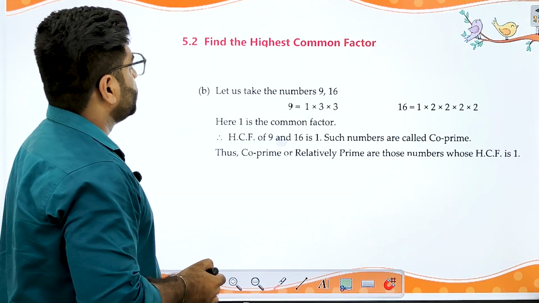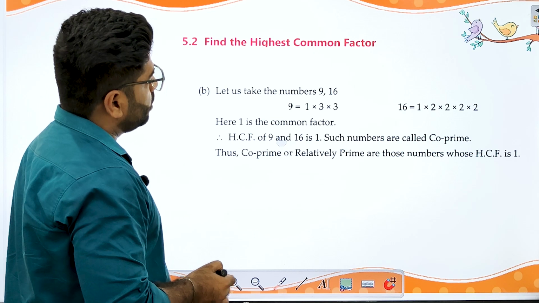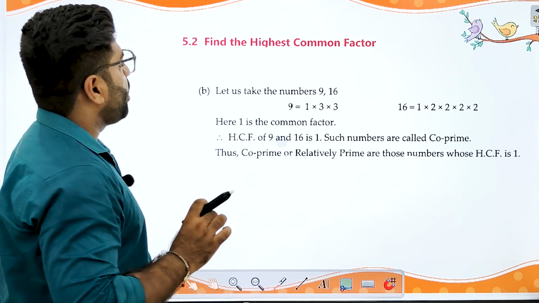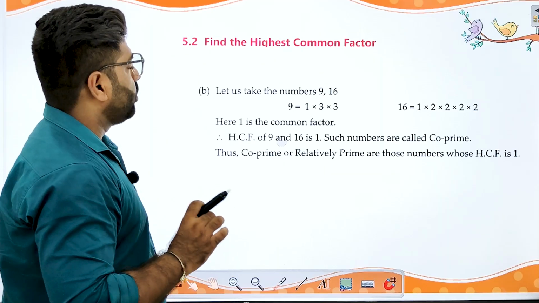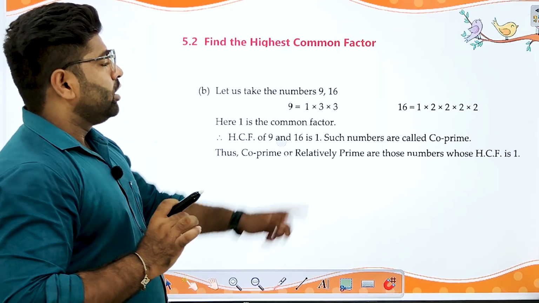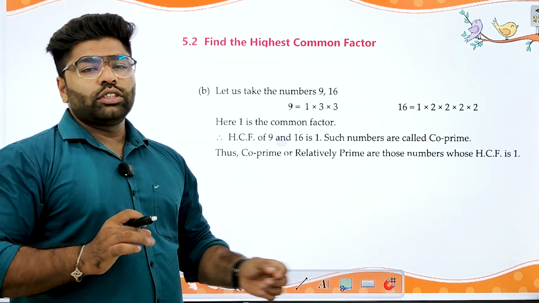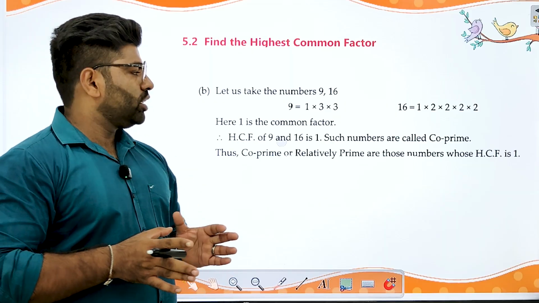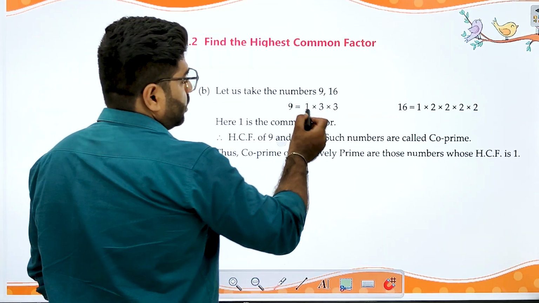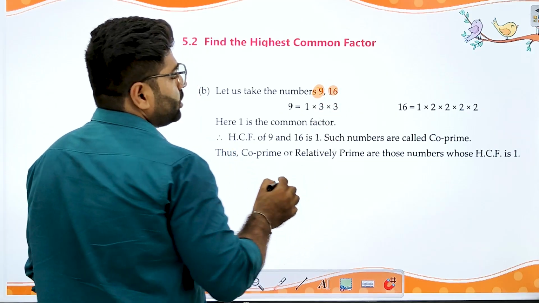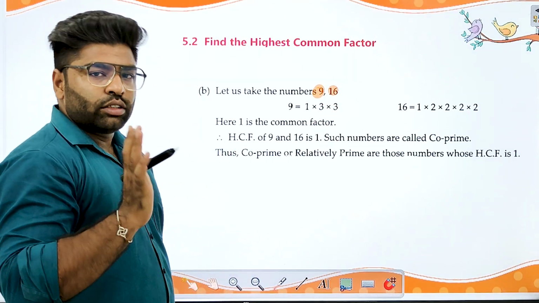Next is 5.2, the second topic: find the highest common factor. Here we have two numbers that have no common factor other than 1. When two numbers have only 1 as a common factor, the highest common factor is 1.